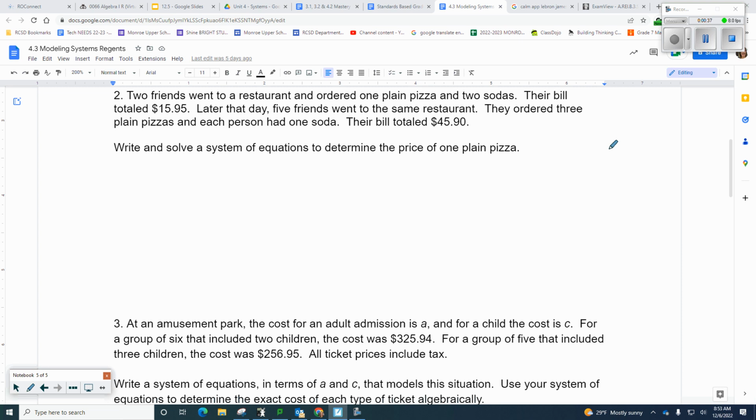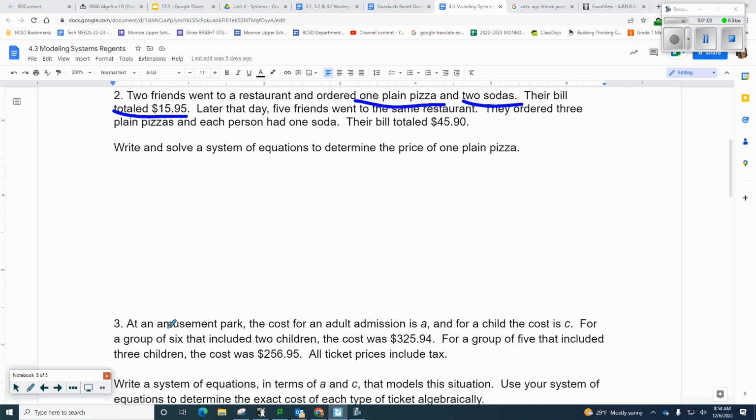Now, the second time you read through the problem, you want to look at some of the important information that I'm going to need. What's some of the math that's going to help us solve the problem? So as I go through, I think I need to get my marker back. 1 plain pizza and 2 sodas totals $15.95.